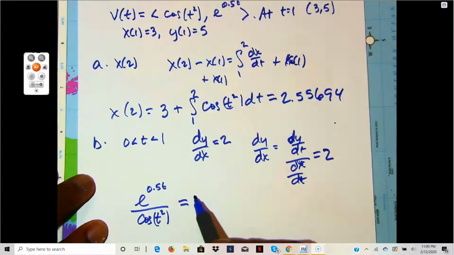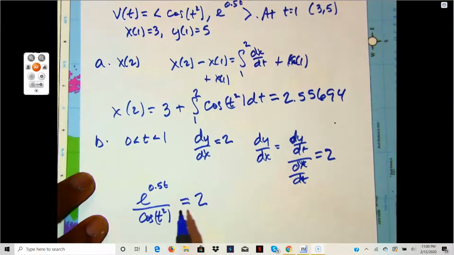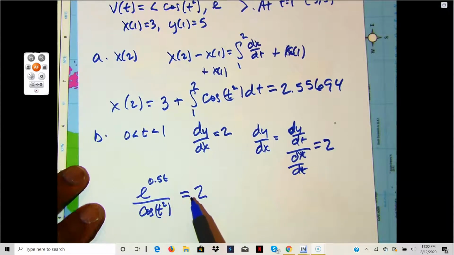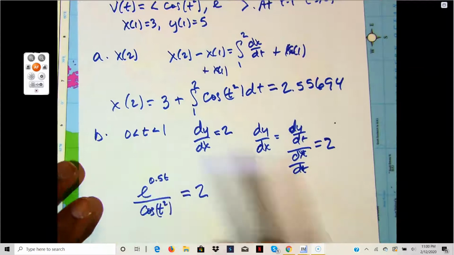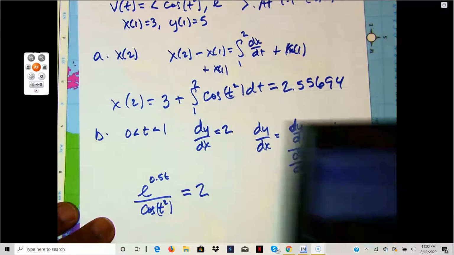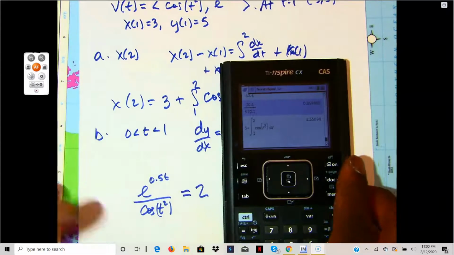And we're going to set that equal to 2. So that's what we're going to solve. Okay? And we're looking for a value of t that's going to be between 0 and 1. So we've gone over this with our calculator, so let's take a look at how we would evaluate that here.